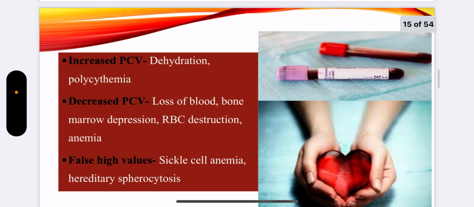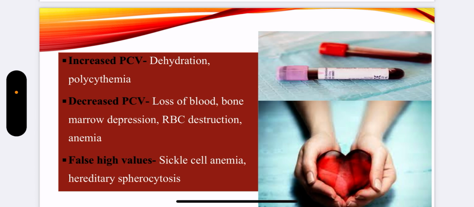We had discussed the normal count, so there must be certain conditions in which the count is increased or decreased. PCV is increased when there is dehydration or polycythemia. We had talked about polycythemia in the previous lecture. Now the PCV is decreased when there is loss of blood, depression of bone marrow, destruction of RBCs, and in case of anemia.